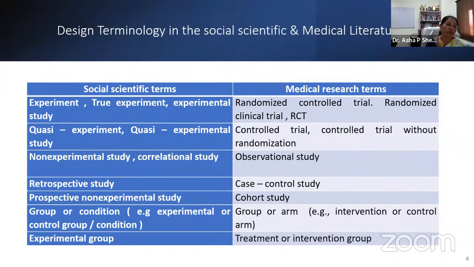If you look at medical research terms, they say the group or the arm, the intervention arm or the control arm. When we talk about nursing research, we talk about the experimental group, and the medical terminology is the treatment or intervention group. So it is very essential for us to get familiar with the terminologies in order to build the evidence-based nursing database.